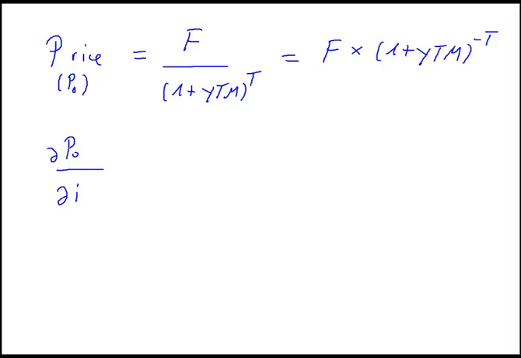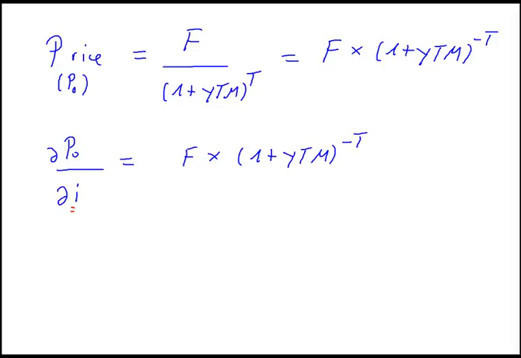So therefore, we have the following equation: the face value times 1 plus the yield to maturity to the power of minus t. And now we can take the first partial derivative, assuming that the change in interest rate is the same as the yield to maturity. We are just looking at interest rate risk in our discussion.